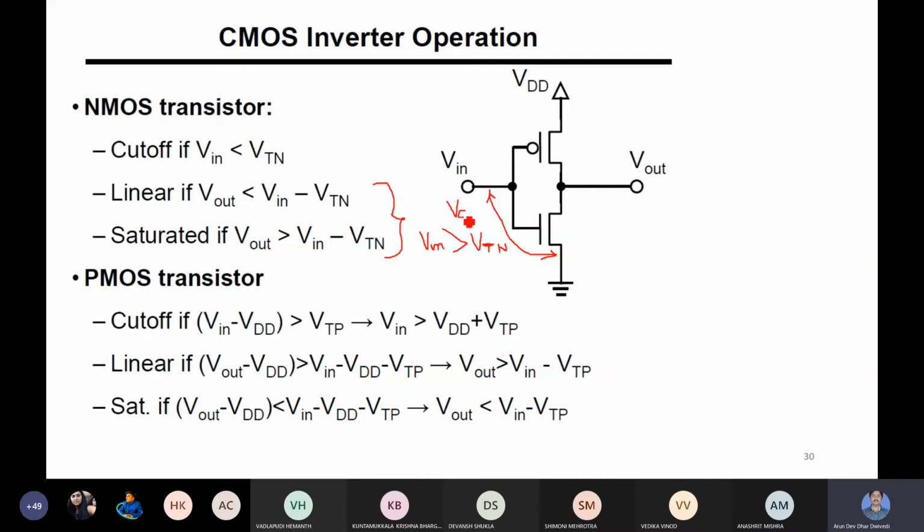And between these two points, this one is VDSN, and VDSN is equal to V out.